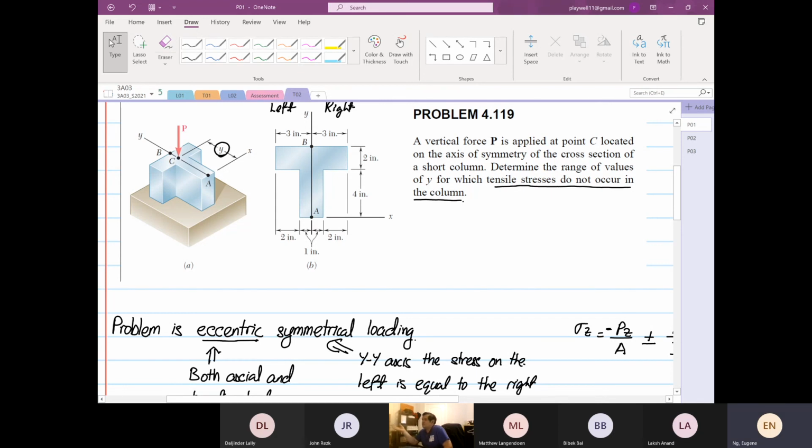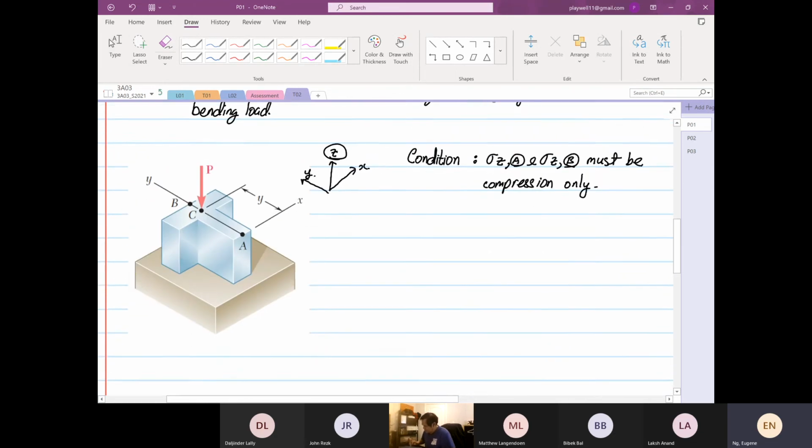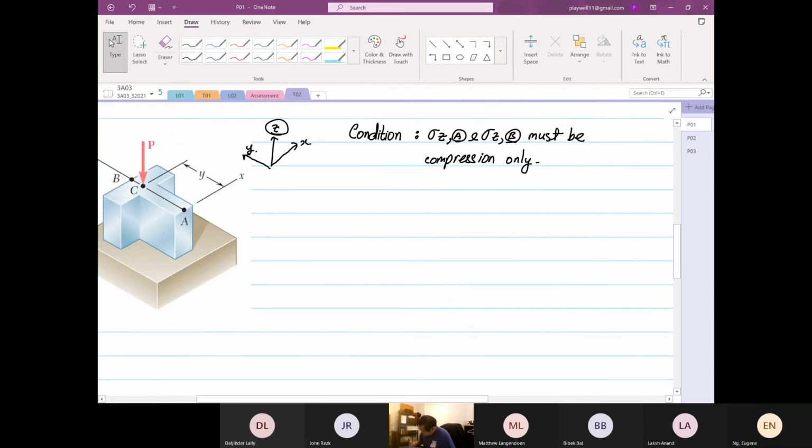Brittle material, like concrete. Concrete is only good in compression, not reinforced, but just pure concrete. It is very good in compression, but in tension it is very bad. So that is an example of material.